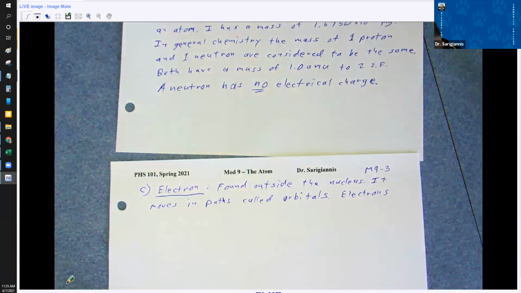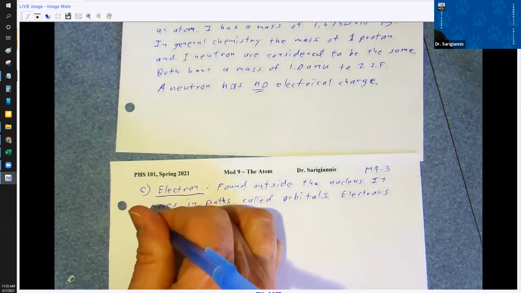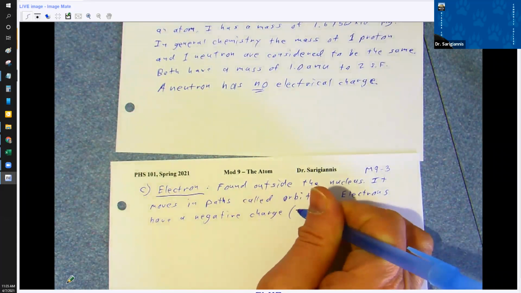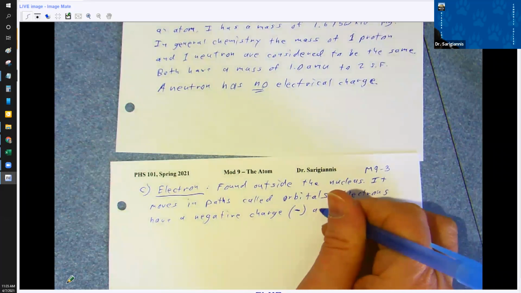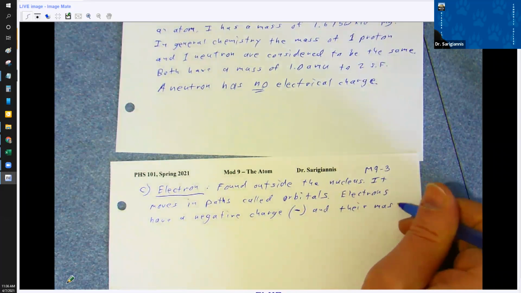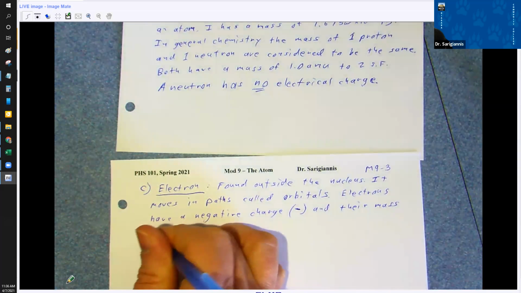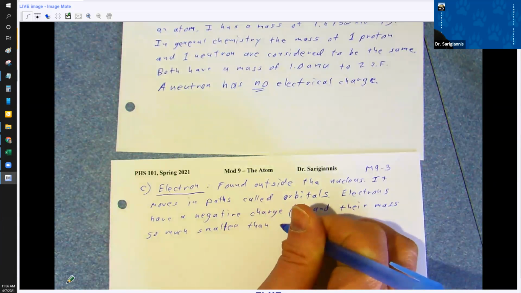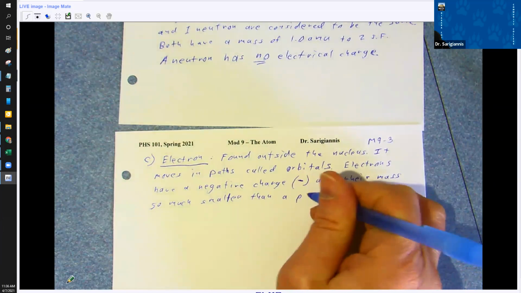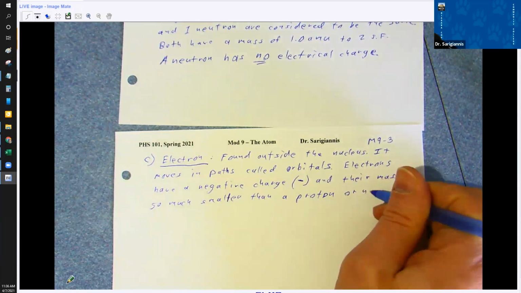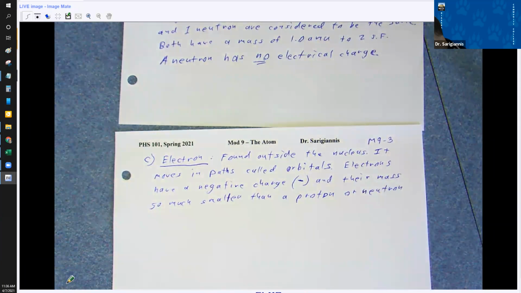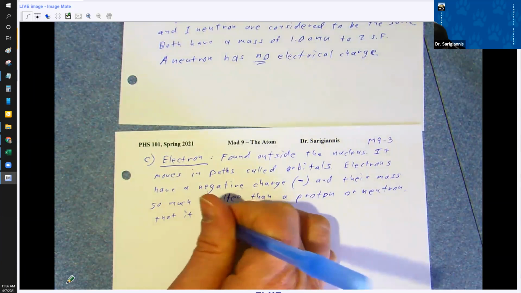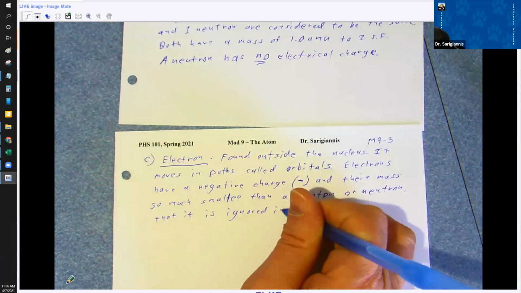Electrons have a negative charge, so a minus sign, and their mass is so much smaller than a proton or neutron that it is ignored in general chemistry.